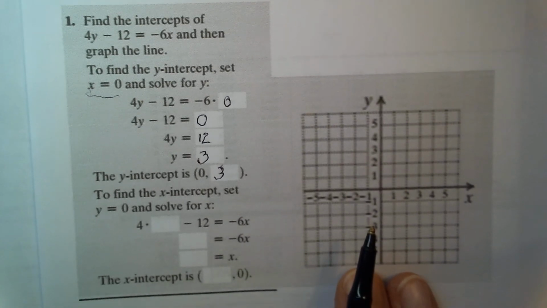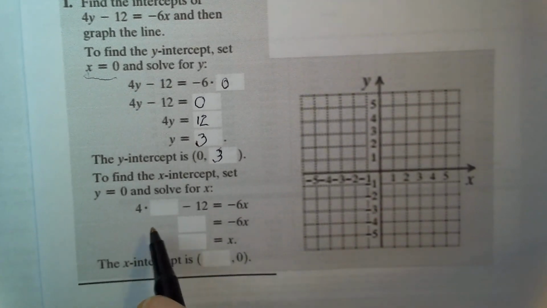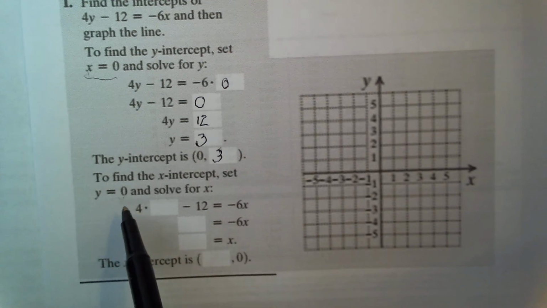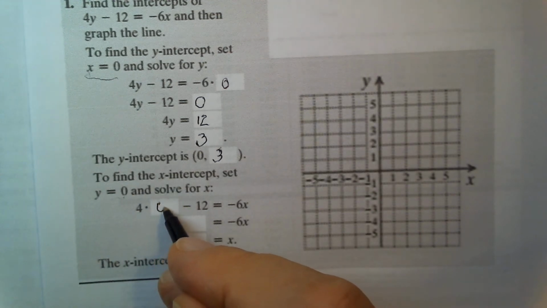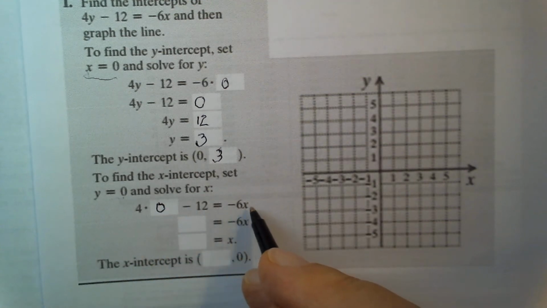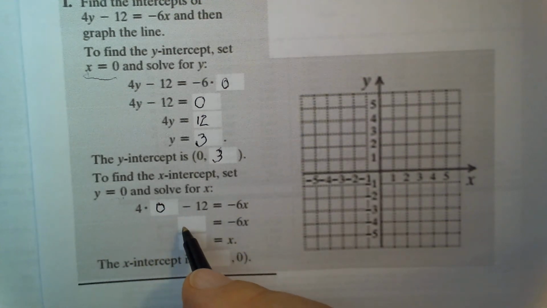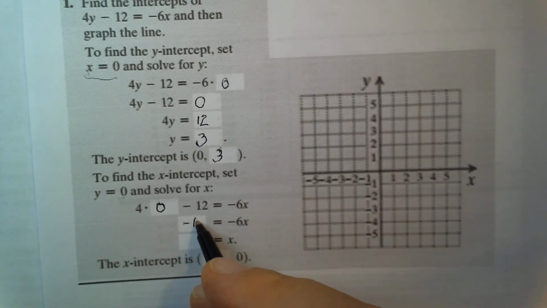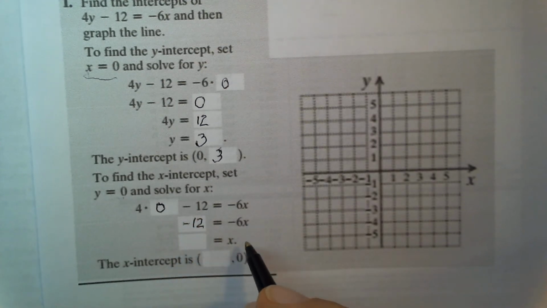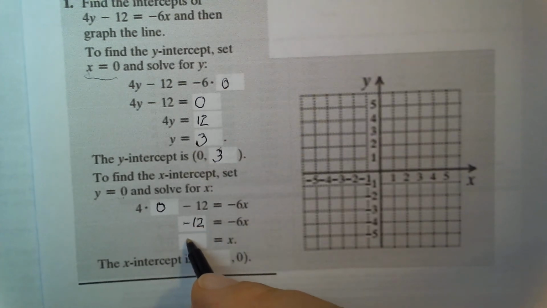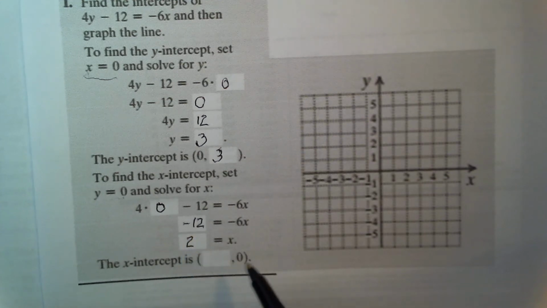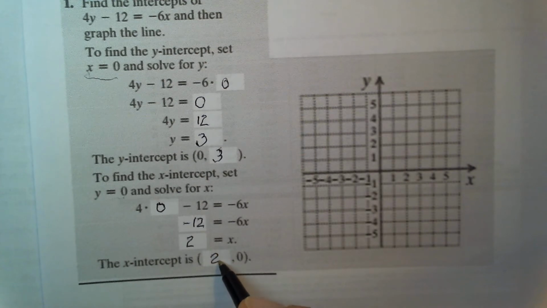Then, to find the x-intercept, we set y equal to 0. In the original equation, that means 4 times 0 minus 12 equals minus 6x, or minus 12 equals minus 6x. When we divide both sides by negative 6, minus 12 divided by minus 6 is equal to 2. So the x-intercept is (2, 0).